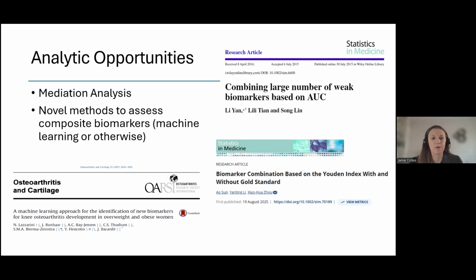And I've included a couple papers on the slide here that I think would offer interesting approaches. I'm really interested in generalized additive models, which is a flexible approach that allows for nonlinear associations between predictors and outcomes. And so I think there's still a lot here in terms of trying to investigate combinations of biomarkers that may predict the case control outcome.